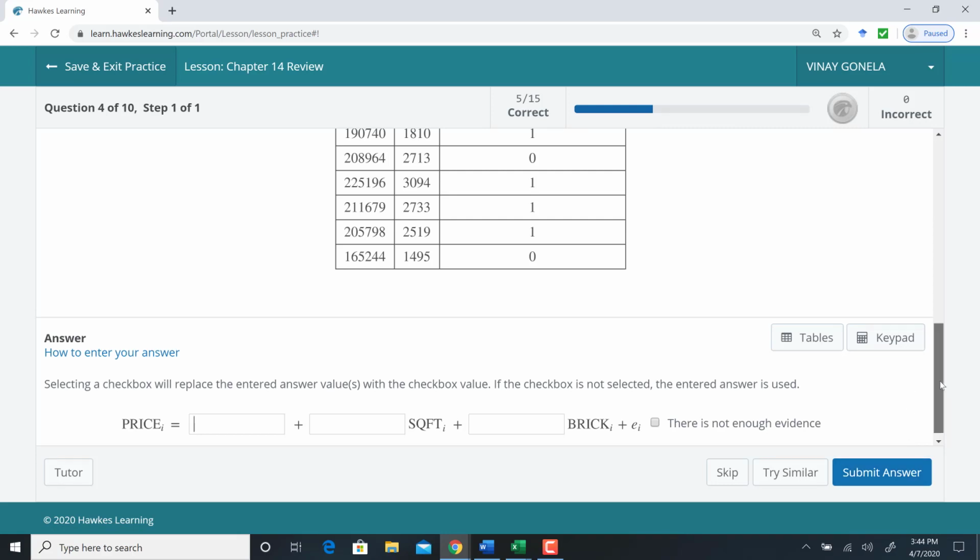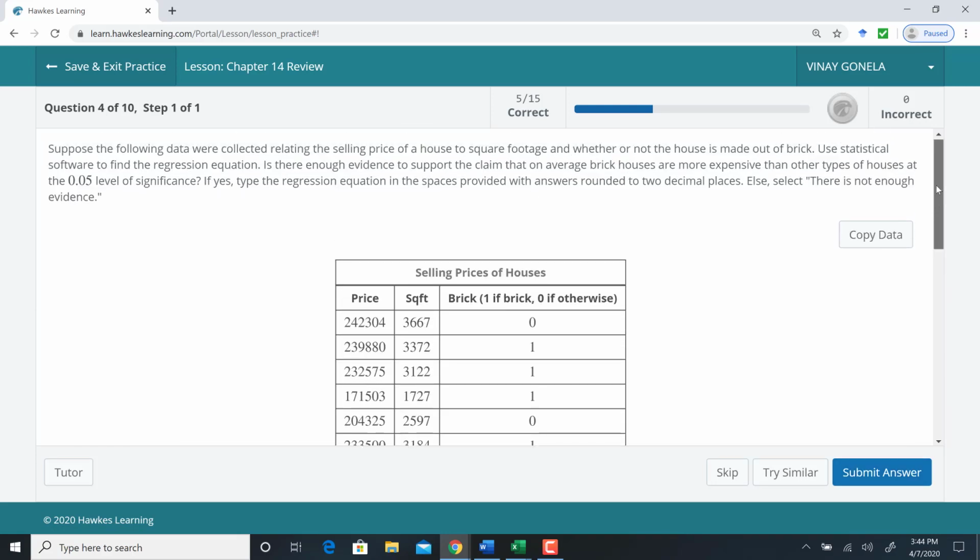So now they gave us this question. Suppose the following data were collected relating to the selling price of a house to square footage and whether or not the house is made out of brick. Use statistical software to find the regression equation.